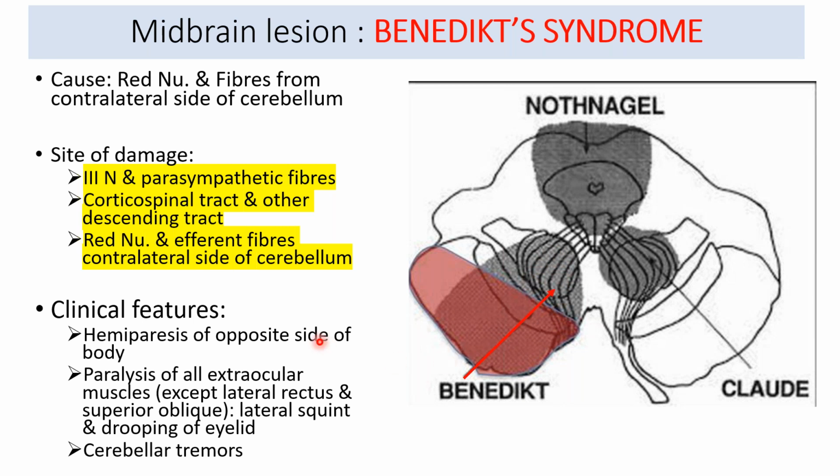So hemiparesis of the opposite side of the body and extraocular muscle paralysis, these two features will be similar, along with the cerebellar tremors. So lateral squint and drooping of eyelids still present along with the cerebellar tremors, and the red nucleus will be affected. Efferents from the contralateral side of the cerebellum will be affected. So this is the other syndrome in relation to the midbrain lesion.